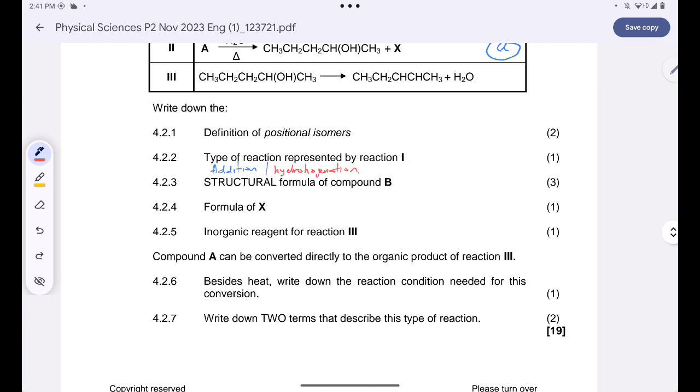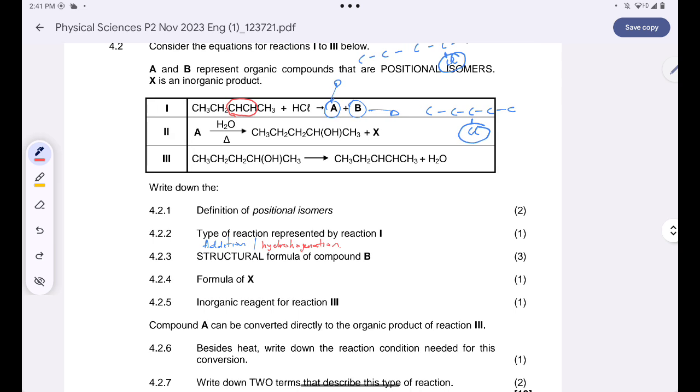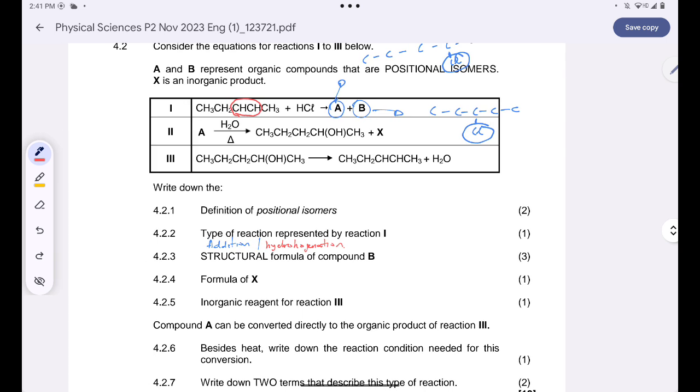Okay, and then 4.2.3, they want us to write the structural formula of compound B. Remember that I said compound B is our minor product, right? So compound B will be like this.